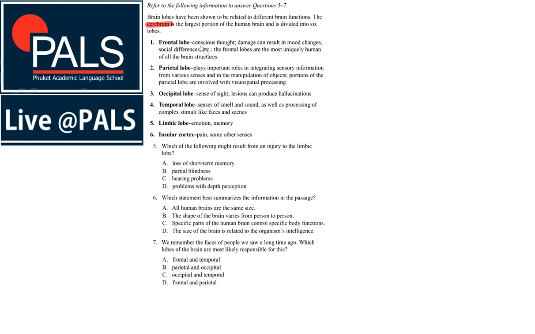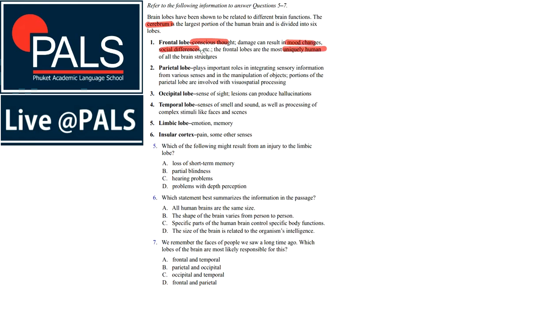The frontal lobe is where conscious thought takes place. Damage can result in mood changes or social differences. The frontal lobes are the most uniquely human of all brain structures.